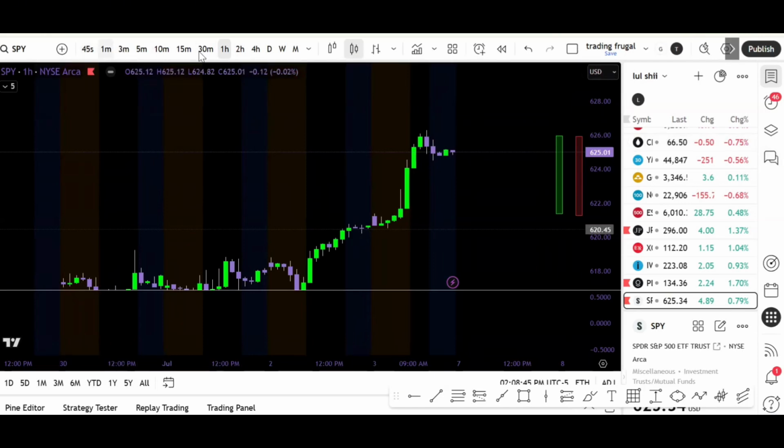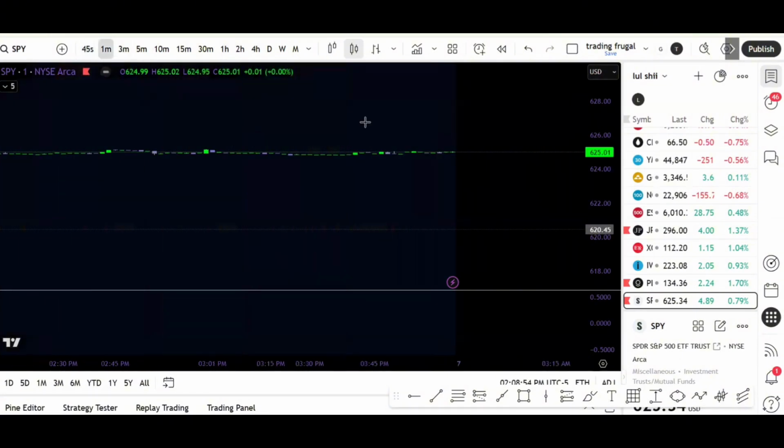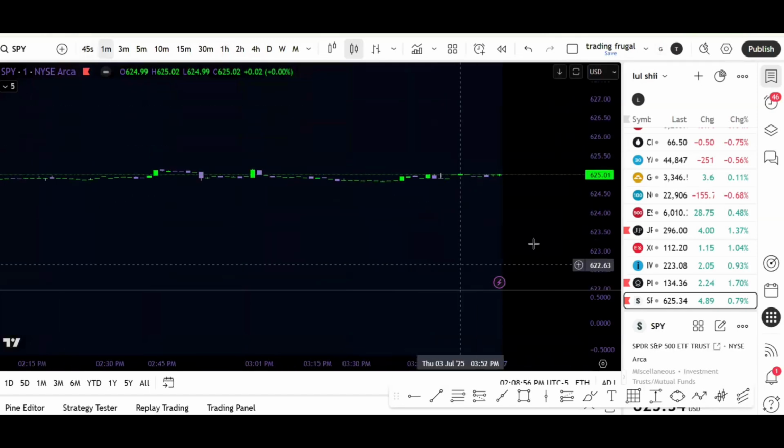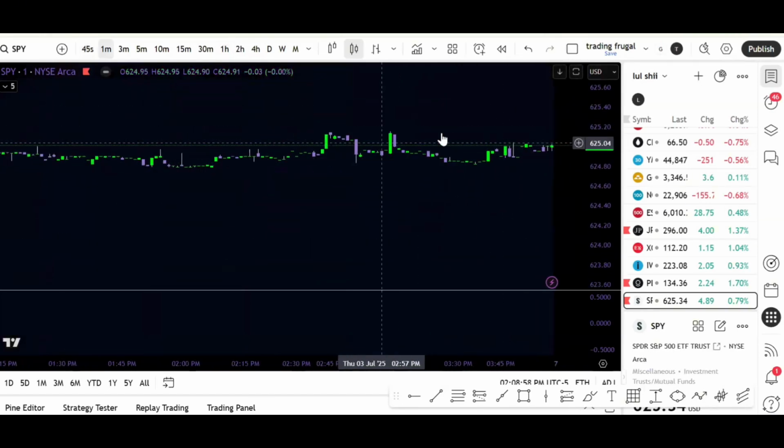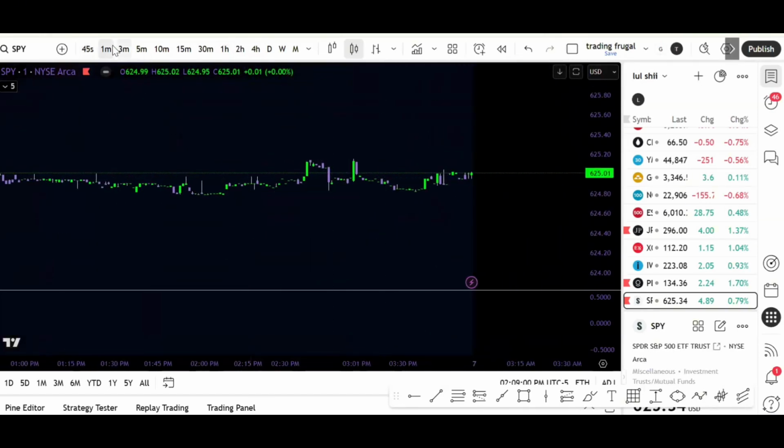We have the 1 minute, and I save my favorite time frames up here, the ones that I need to look at throughout the day of trading. I can't use the 45 second because I don't have the highest paid membership on TradingView, but I am going to buy it, because the way that I trade futures, I need the 15-second chart, the 1-minute chart, the 5-minute chart, and then the 15-minute chart.